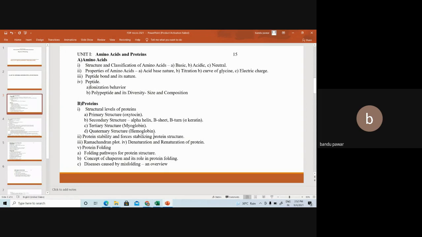The concept of chaperones and their role in protein folding is also important. And also diseases caused by misfolding, like Alzheimer's disease caused by misfolding of proteins. It is also important. It is all about unit first.